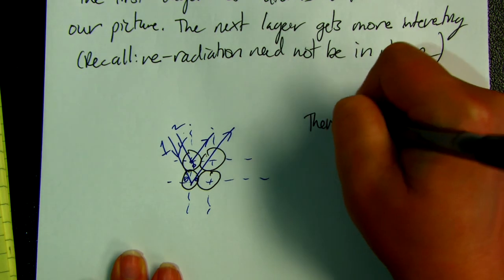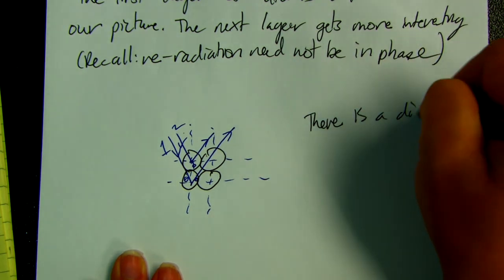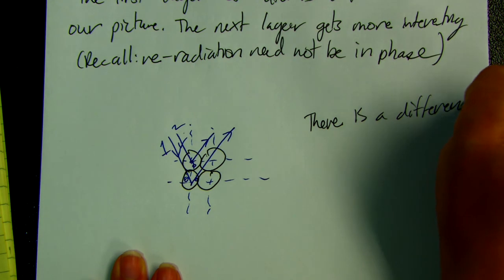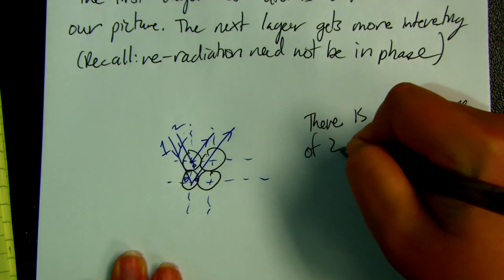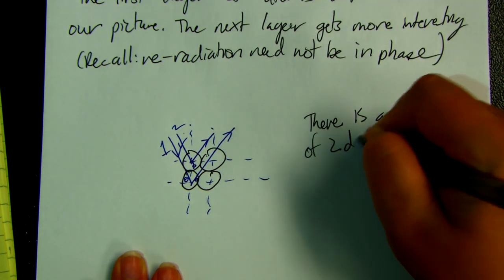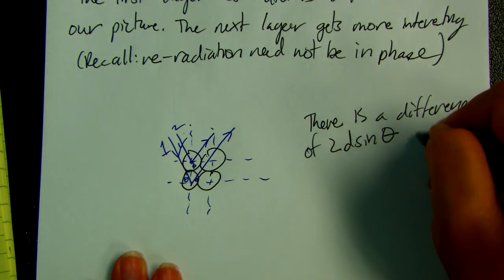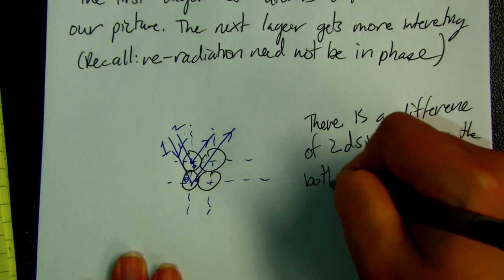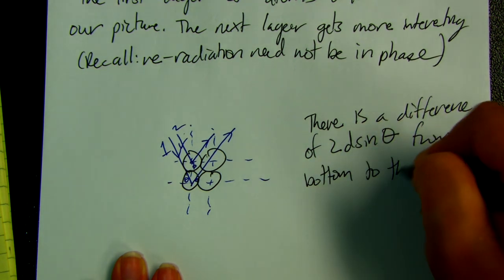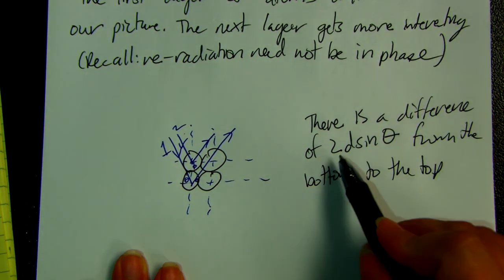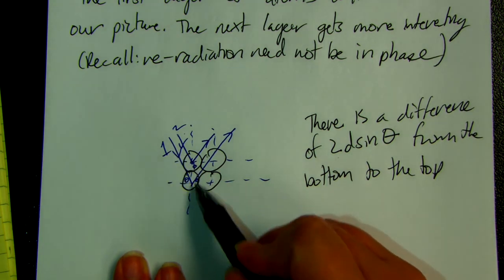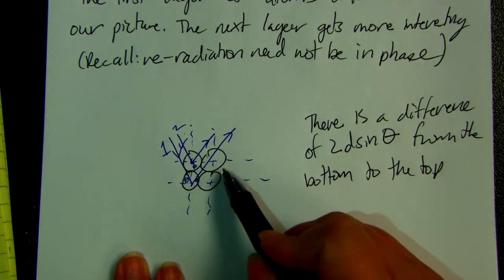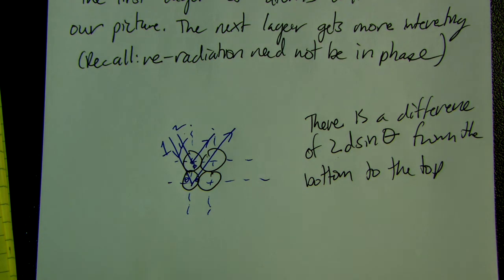So there is a difference of 2d sine theta from the bottom to the top. We get this 2 because it needs to go down 1 extra layer and then it will go up on the other side. So that's more than just d, it's 2d sine theta.